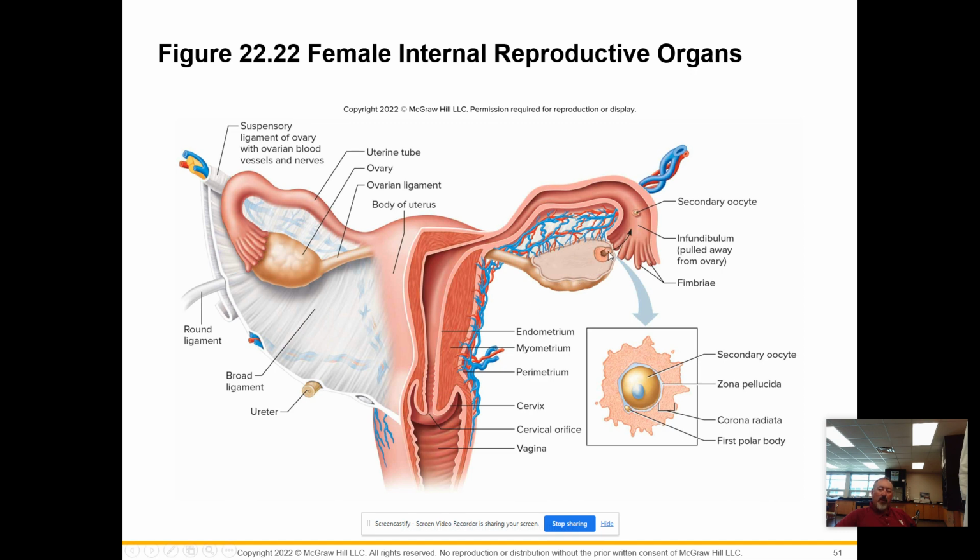All right, so we have the rupturing of an egg, releasing the oocyte, this secondary oocyte that is now in this area. Fertilization occurs in this area of your uterine tube. Most people think fertilization occurs in the uterus. It does not. Fertilization occurs here.